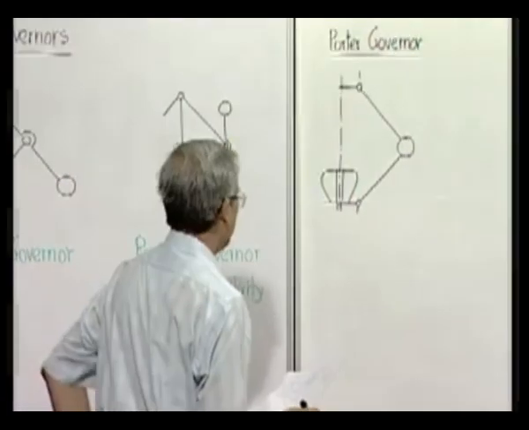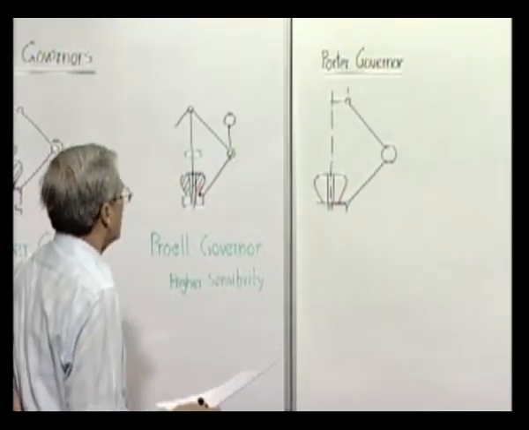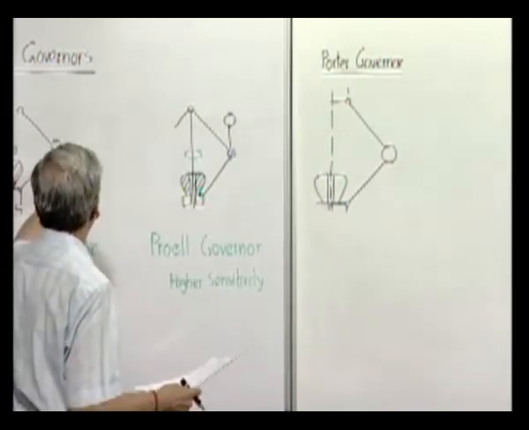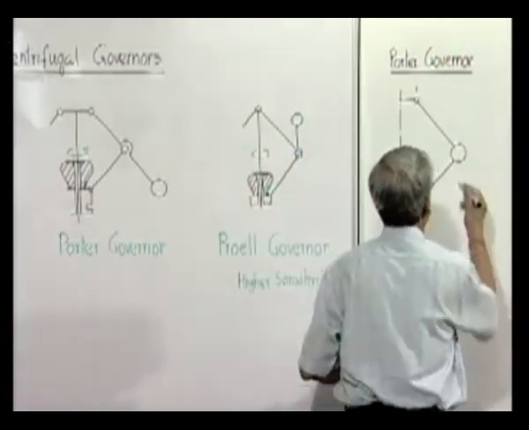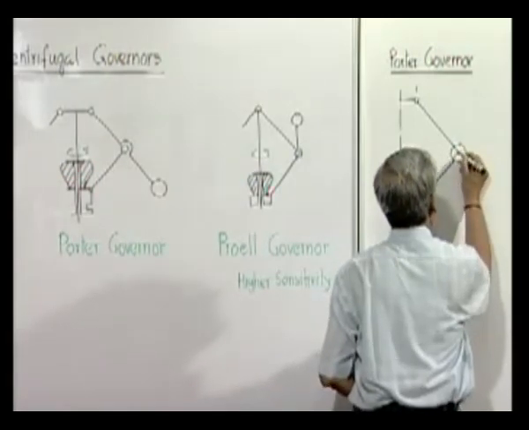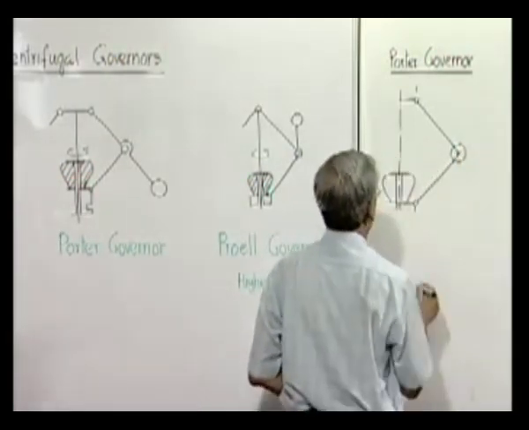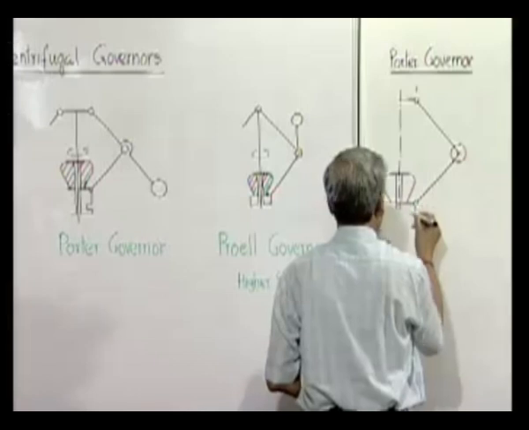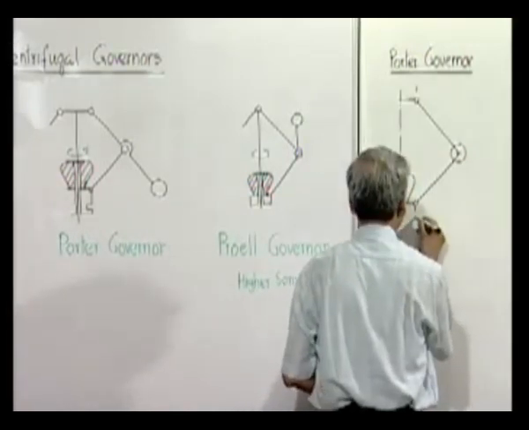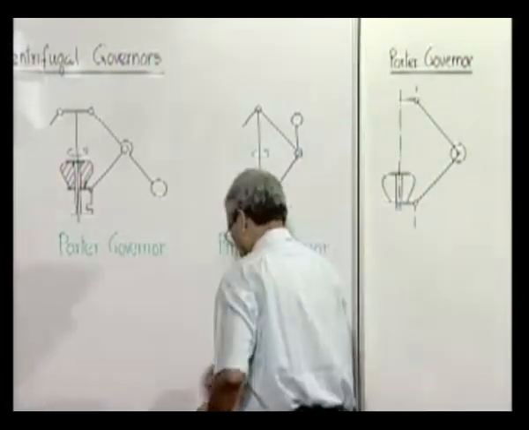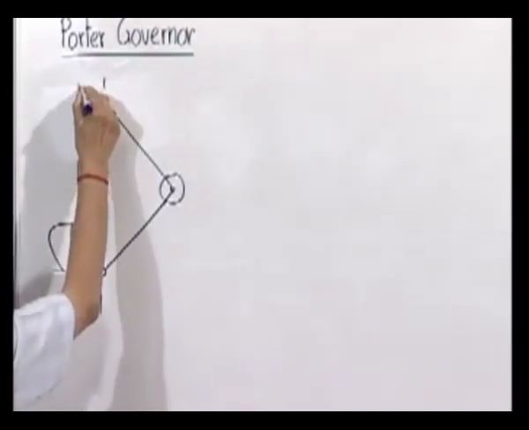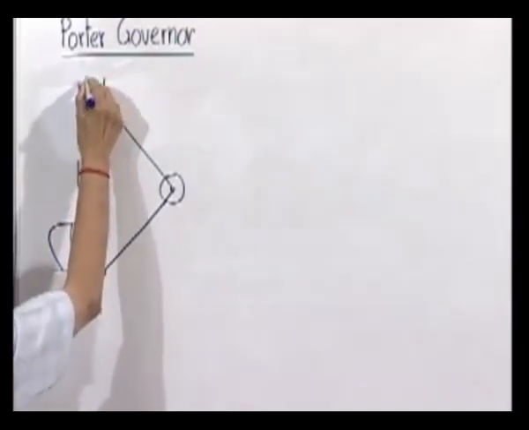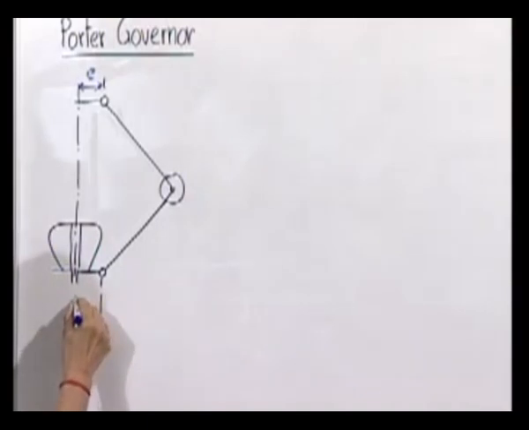So, we will take up the case, which is a particular case where this length is 0 and the spherical mass is kept here, that means they are both hinged here, and sleeve is here, and this case is symmetric in the sense that here this distance is e, here also it is e.